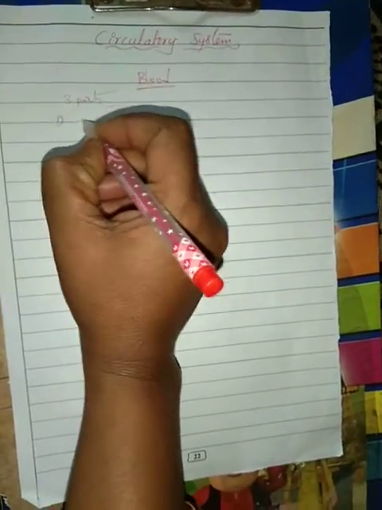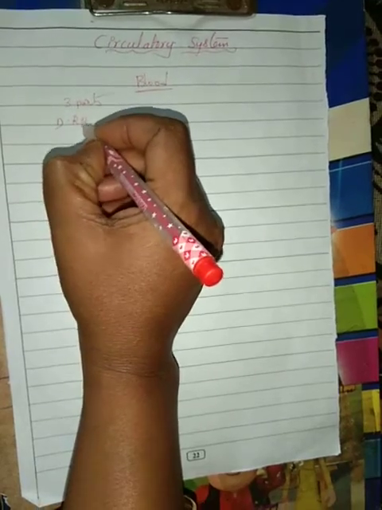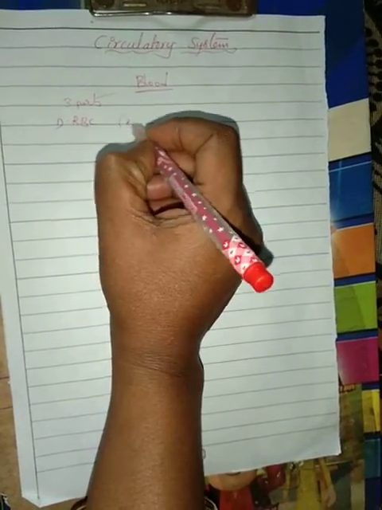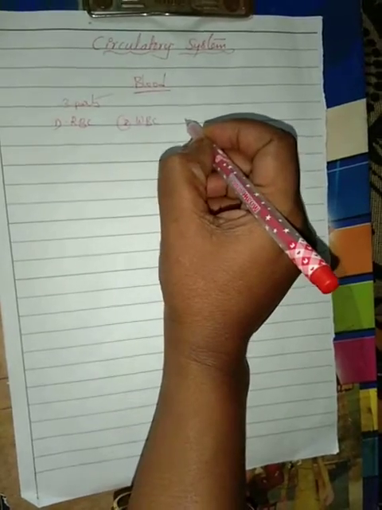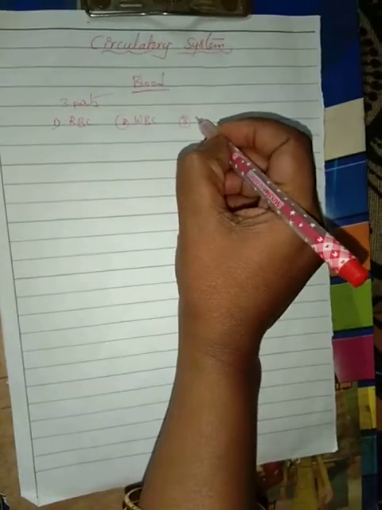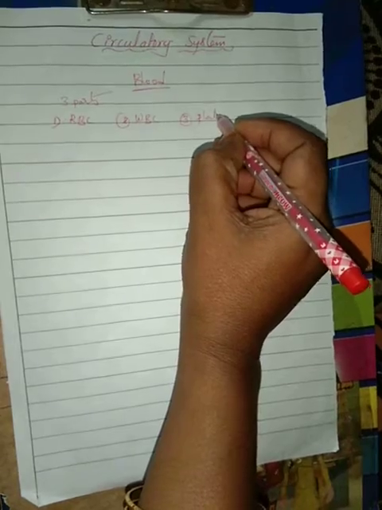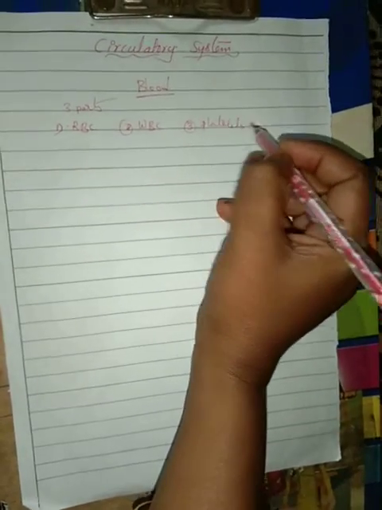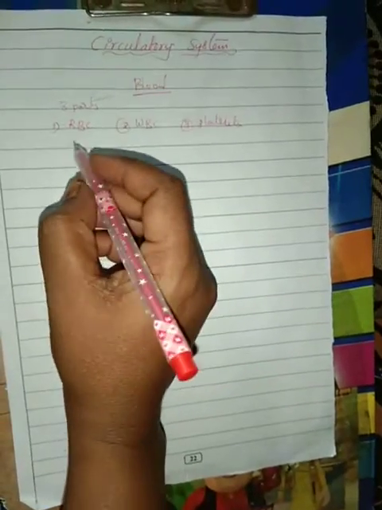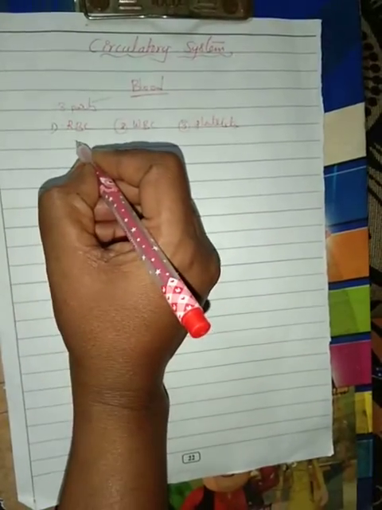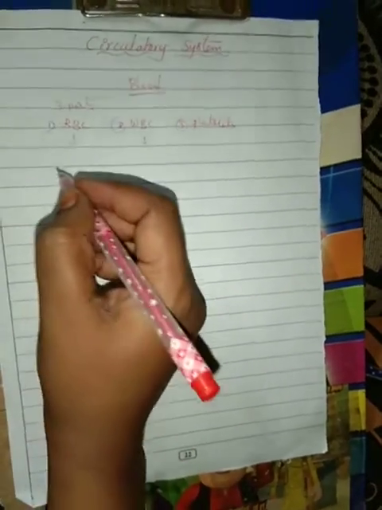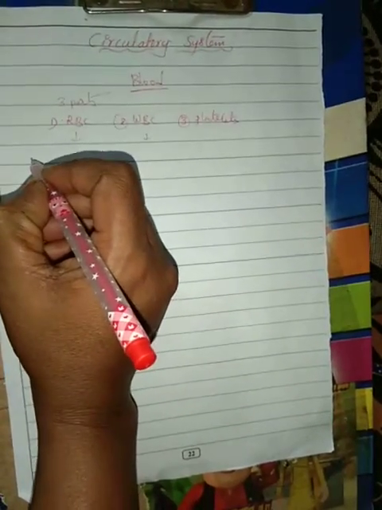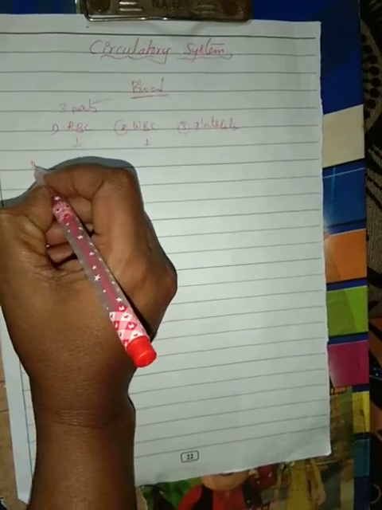First one RBC, second one WBC, and third one platelets. Already told the RBC and WBC. So now platelets.